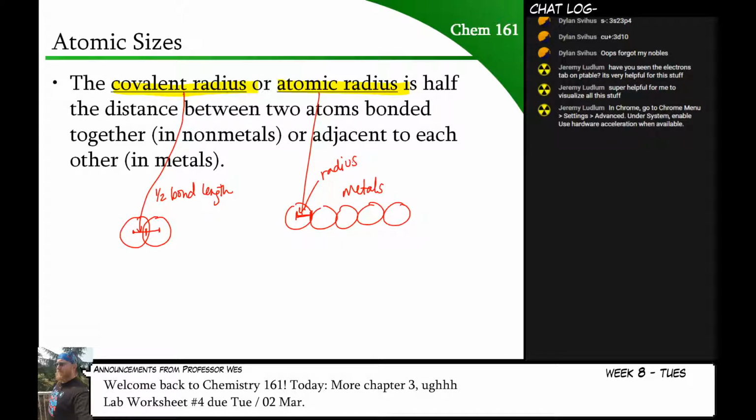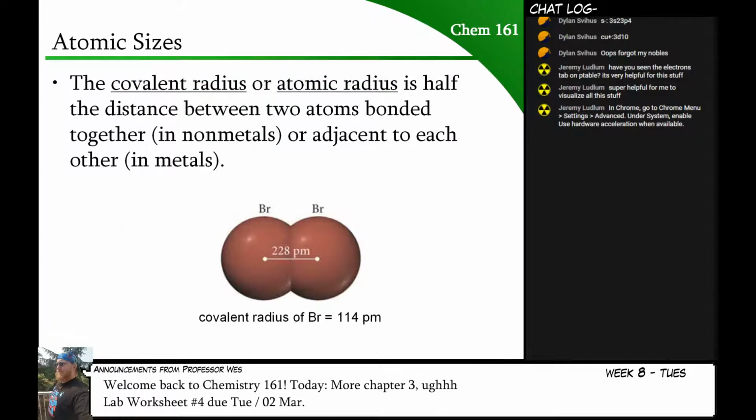Okay, so we sort of use these interchangeably, and it's good to know that when I ask you about the radius for something that is covalently bonded, you're not actually getting the radius, but you're getting something really close to it. And this is just a feature of how atoms interact with each other. It turns out orbitals can overlap each other in covalent bonding, and we're going to see that in detail in Chapter 5. That's the whole point of Chapter 5.